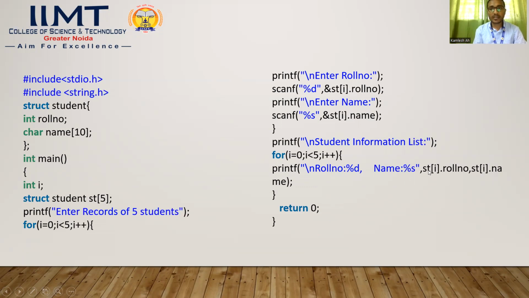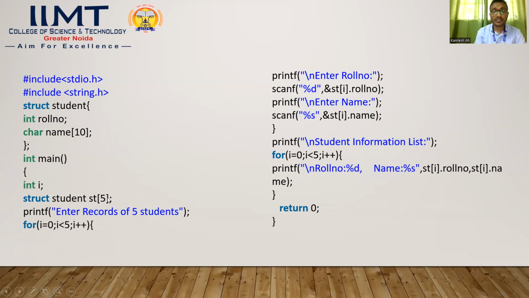This is the printing, how to print the item: st[i].rollnumber, st[i].name. i is an index, st is an object, roll number is also a member, and st[i] again is indexed. And this is the loop because we want to print the 5 student records, so we will use the for loop. Why?